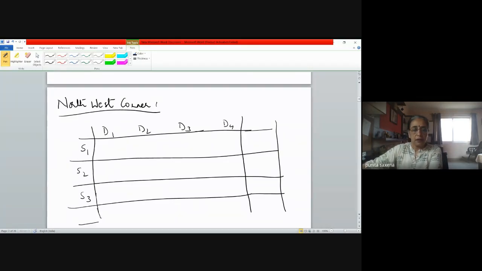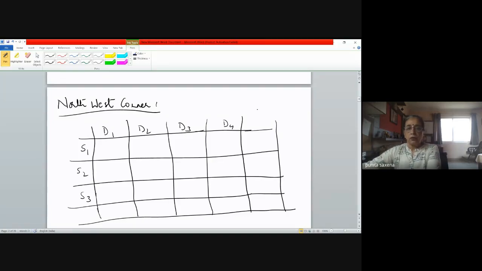And let me make the cells, right? Now the availabilities for each source will be written in the last column, and the demands of each destination will be written in the last row.